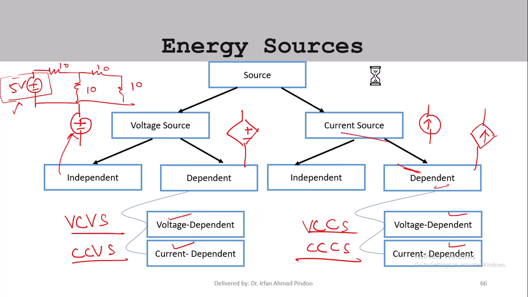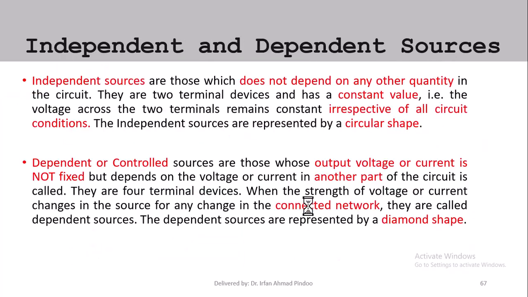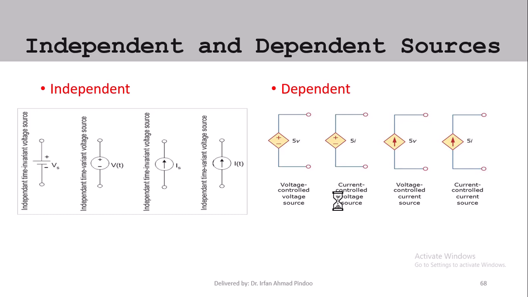Now if we talk about a circuit like this, suppose we have 5 ohm, and here one more battery, with plus minus here also. Suppose this circuit we introduce somewhere in our circuit.